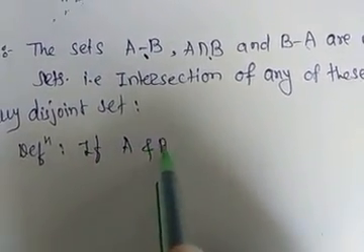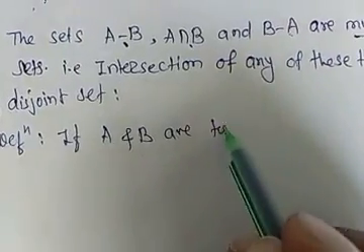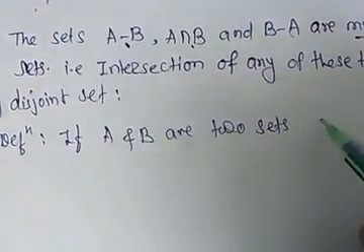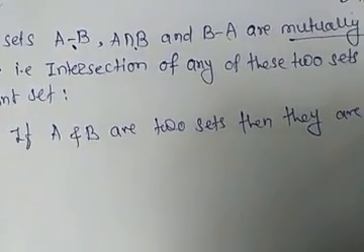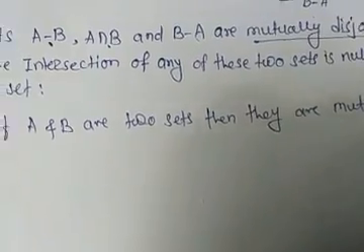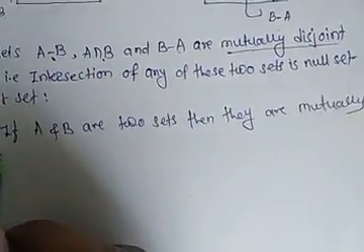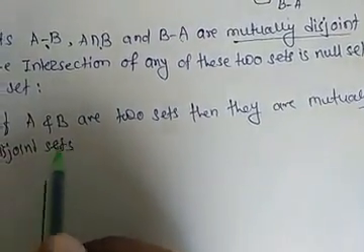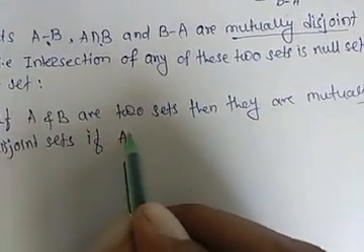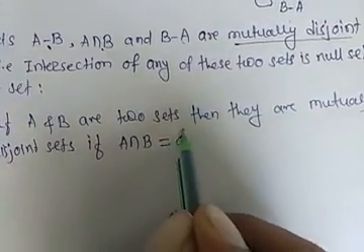If we see the definition of mutually disjoint sets: if A and B are two sets, then they are mutually disjoint sets if A intersection B is equal to empty set.